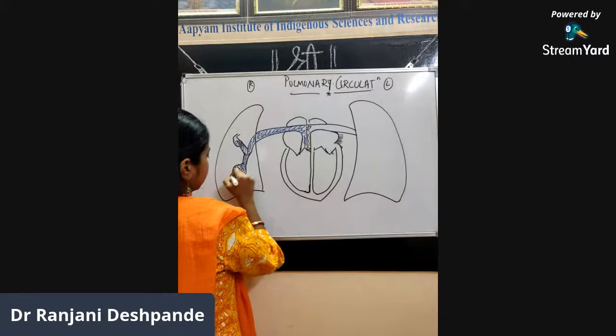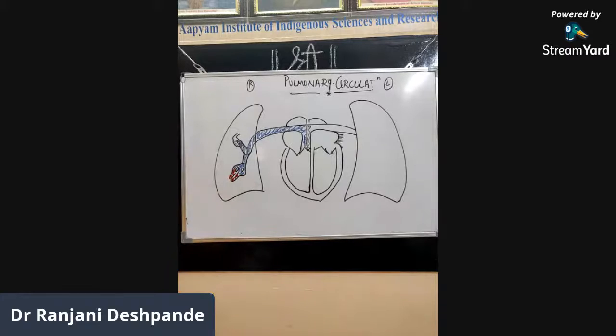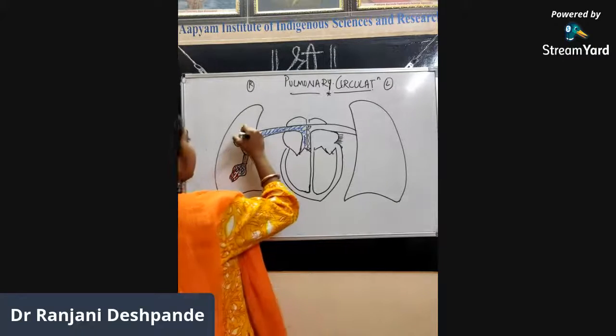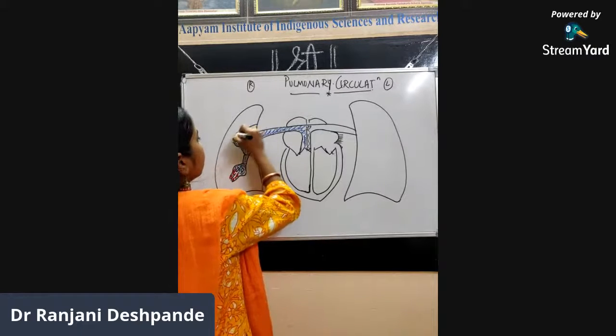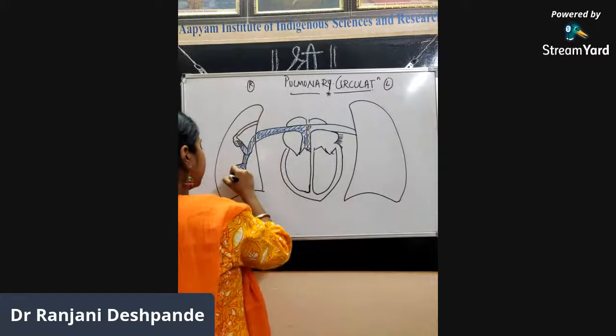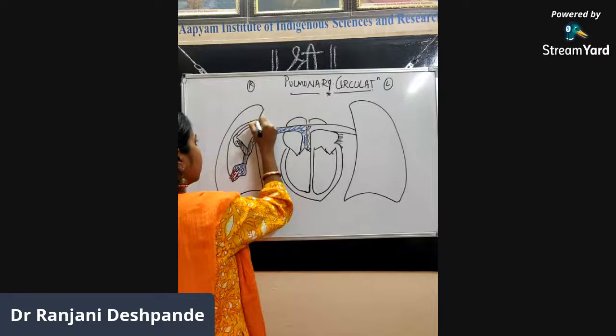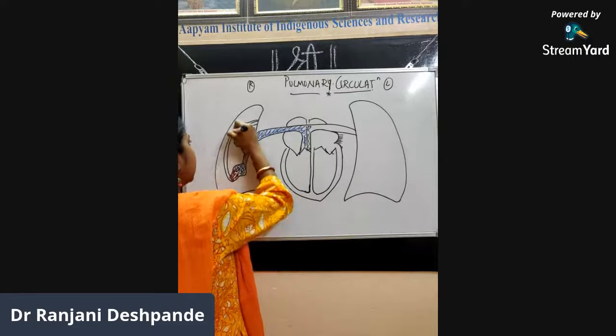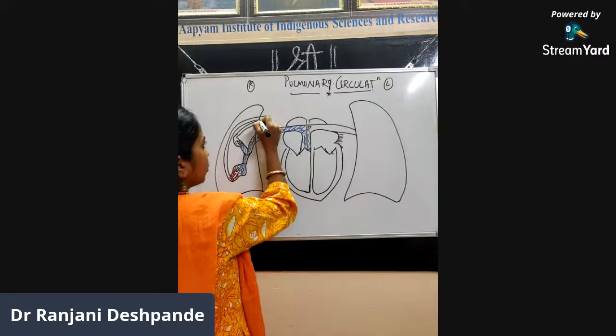Next is the venule, which will be carrying oxygenated blood. So this is a very gross diagram.